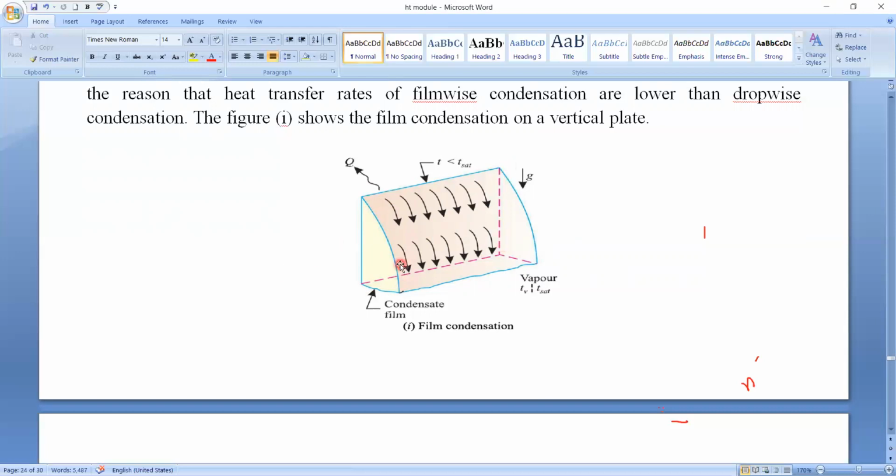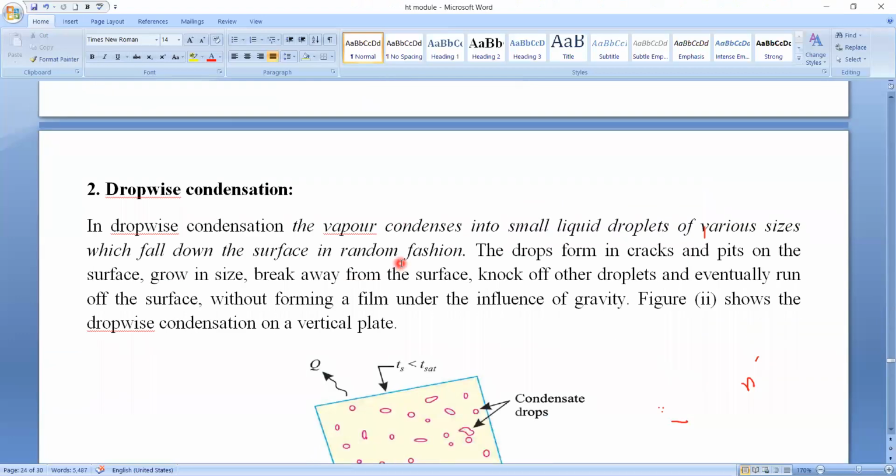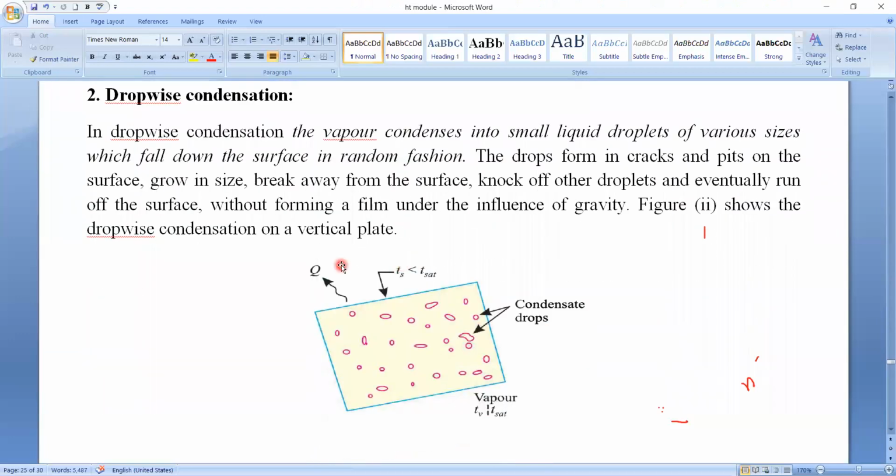Okay, fine. Now let's go to the next type of condensation, that is dropwise condensation.